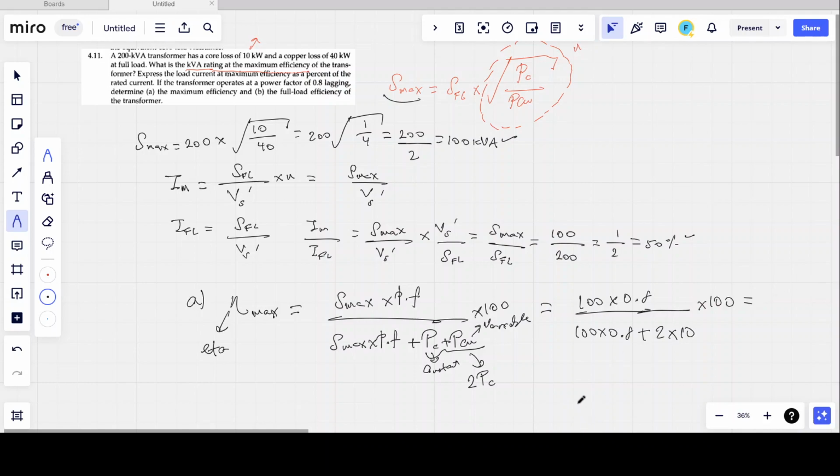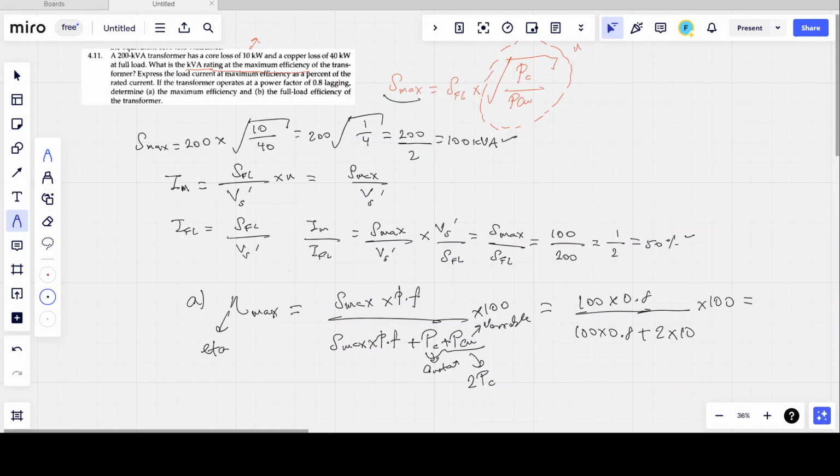Okay, so take my calculator. I have 100 times 0.8, which will give me 80. So that's the same answer divided by answer plus 2 times 10, times 100, right?